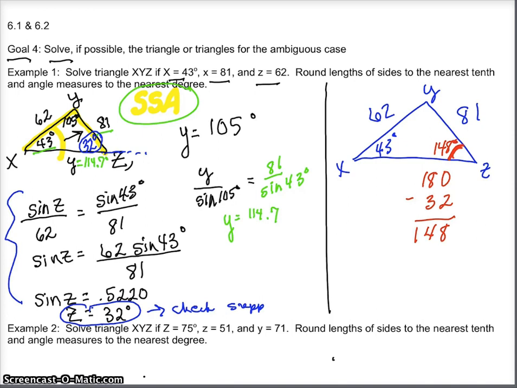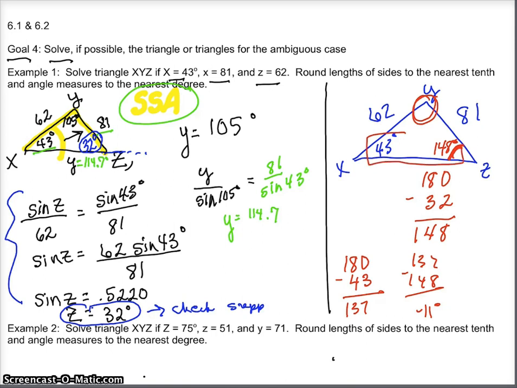Okay, so now we know angle Z. Go ahead and find angle Y. So 180 minus 43 is 137. And 137 minus 148 gives us a negative number. So you'll see there's not room for a third angle here.